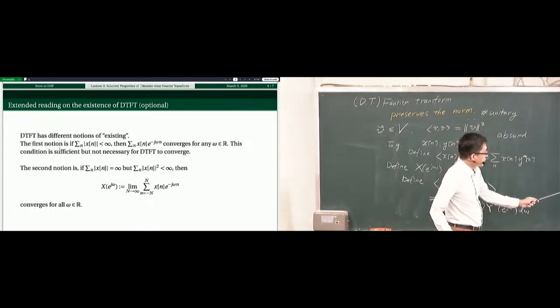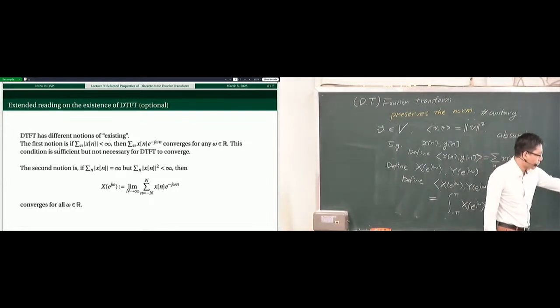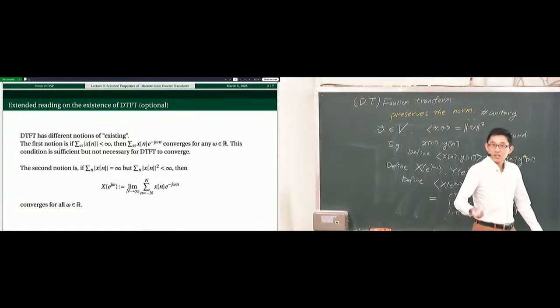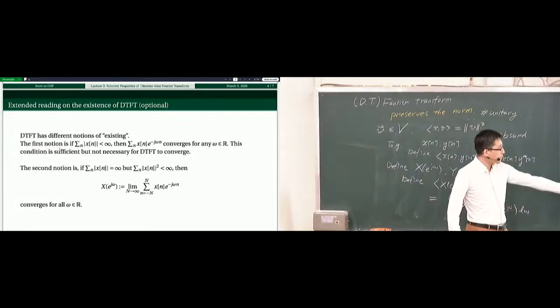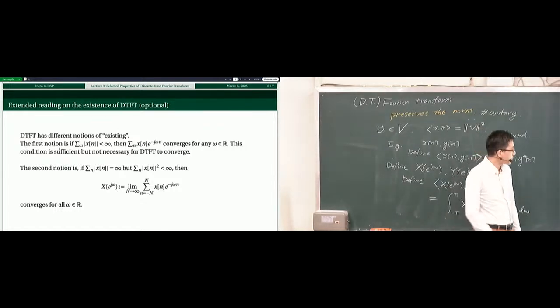The second notion is, what if x is not absolutely summable? We have said that if x is absolutely summable, then no worry, DTFT exists. But what if it is not absolutely summable? Can we still talk about DTFT? That's a valid question, a valid concern.